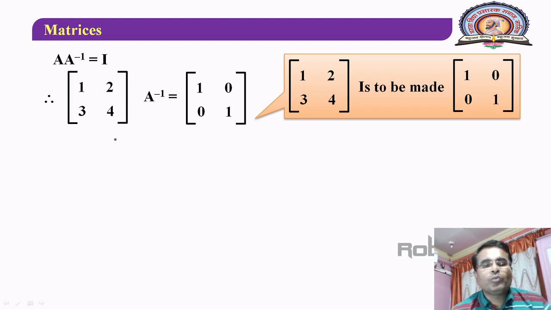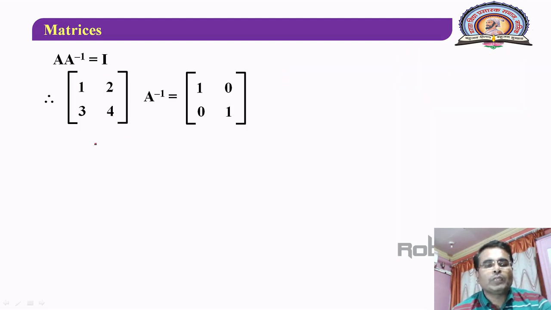So, let us see what type of transformations are applicable. Now, this is already 1, so we have to keep this one as it is. Now, we have to reduce this element to 0, then this element to 1 and this element to 0, so that you will get 1, 0, 0, 1.